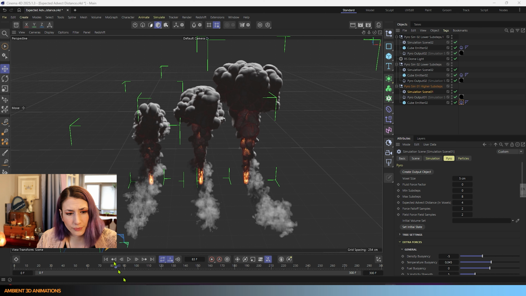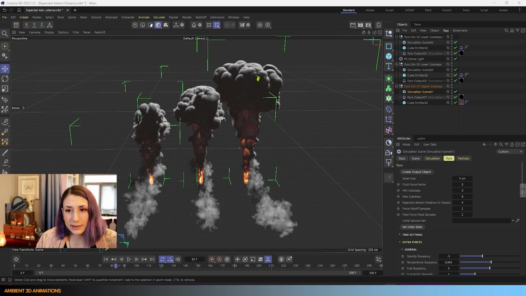So what's happening is that when you increase this number, you're allowing Cinema 4D to calculate that this fluid simulation, which we have as a Pyro simulation, can move further in terms of distance in voxels per frame when we increase this number.